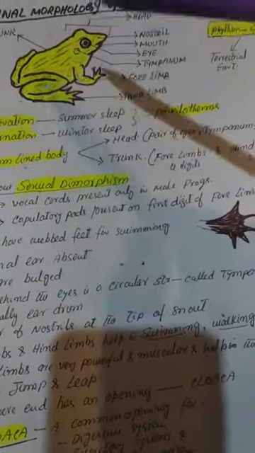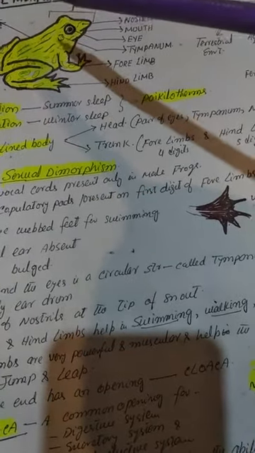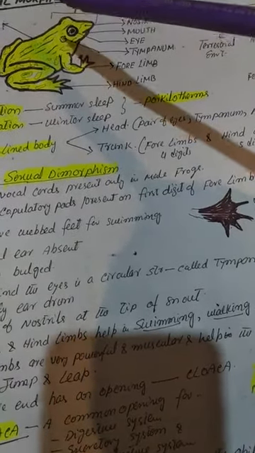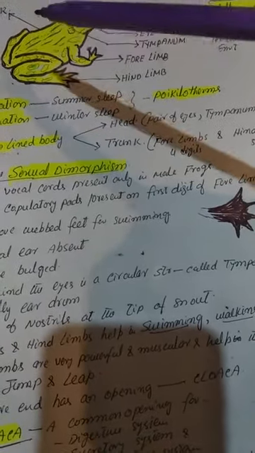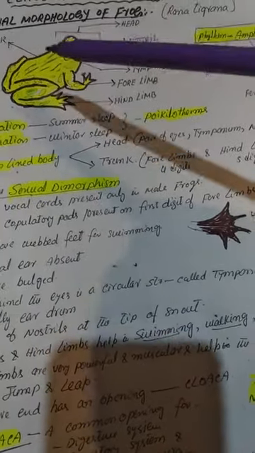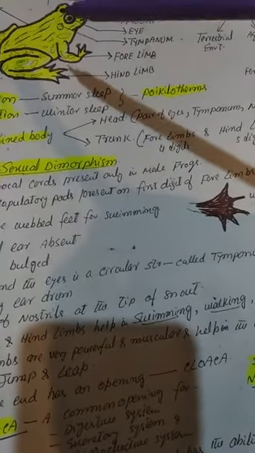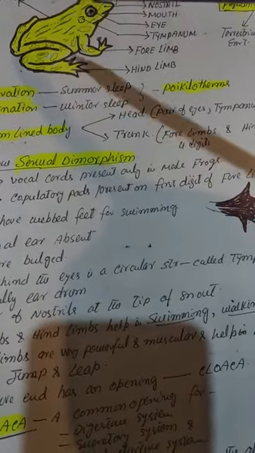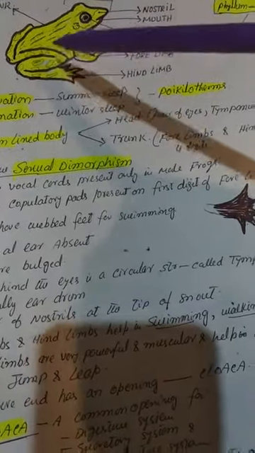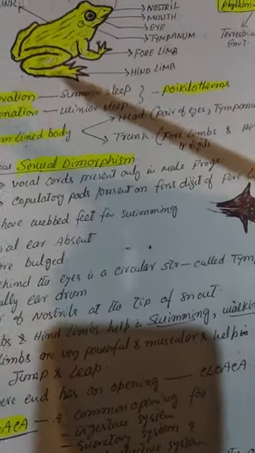Now, forelimbs. So far as the trunk is concerned, the trunk contains forelimbs and hind limbs. The forelimbs and hind limbs help in swimming, walking, leaping, and burrowing. The hind limbs are very powerful and muscular and help the animal to jump and leap.